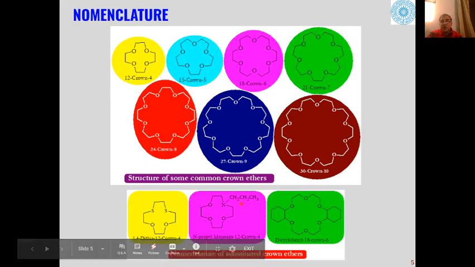So n-propyl monoaza-12-crown-4 is the name of this compound. And similarly here 2 methylenes are substituted by a cyclohexyl group. So dicyclohexyl-18-crown-6 is the name of this type of compound. So this is how nomenclature is done in the case of crown ethers.